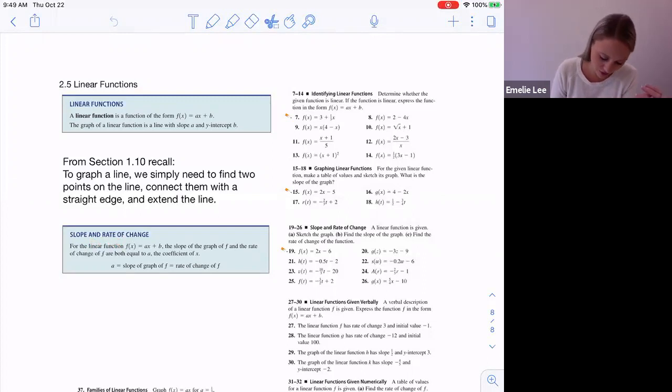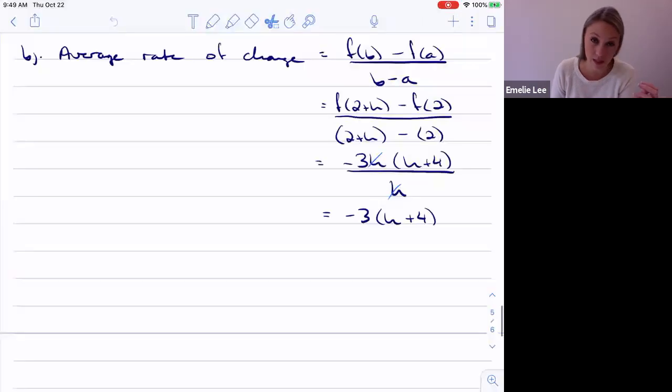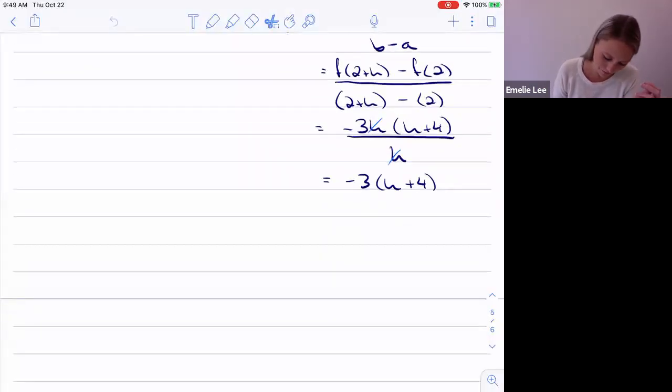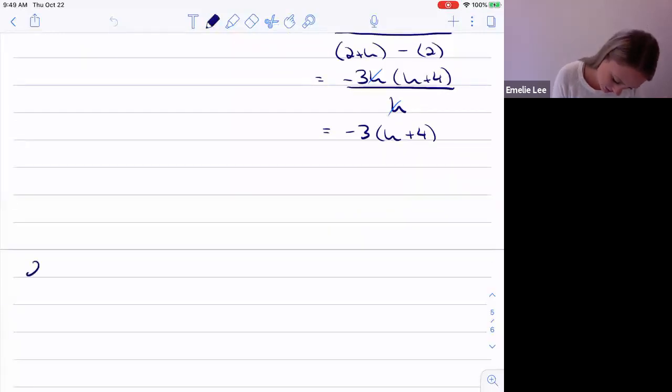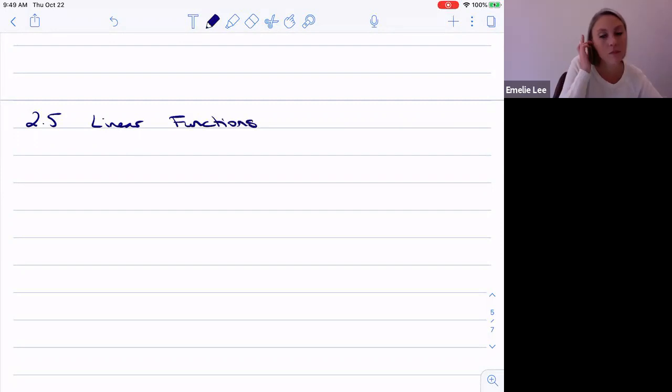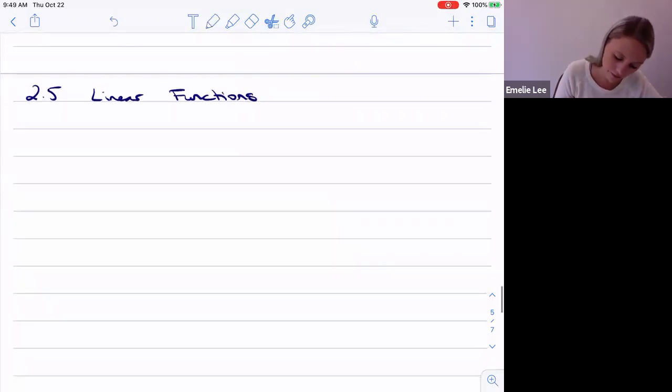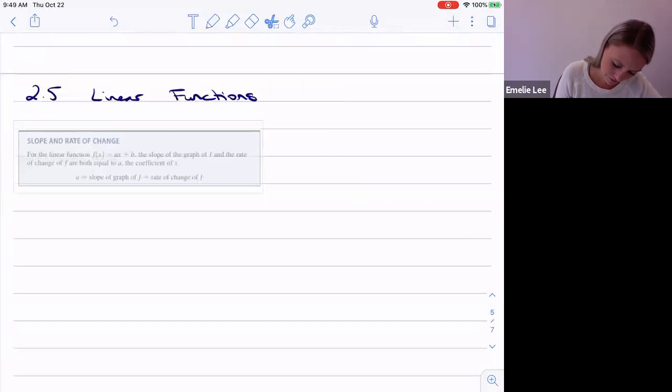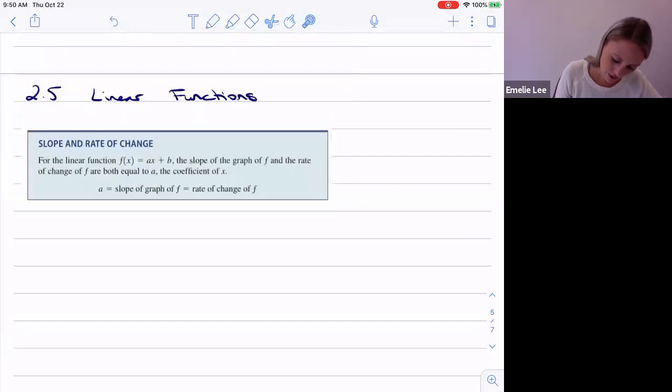So for a linear function, it's kind of special. It's not that crazy though. But let's say here is 2.5, which is linear functions. For a linear function, notice that this is essentially y equals mx plus b.